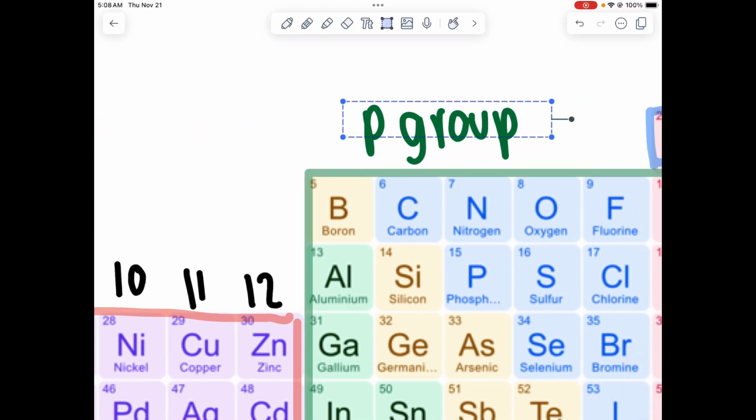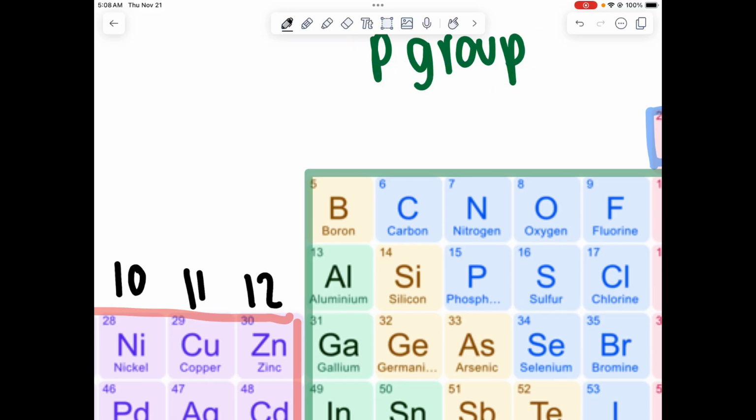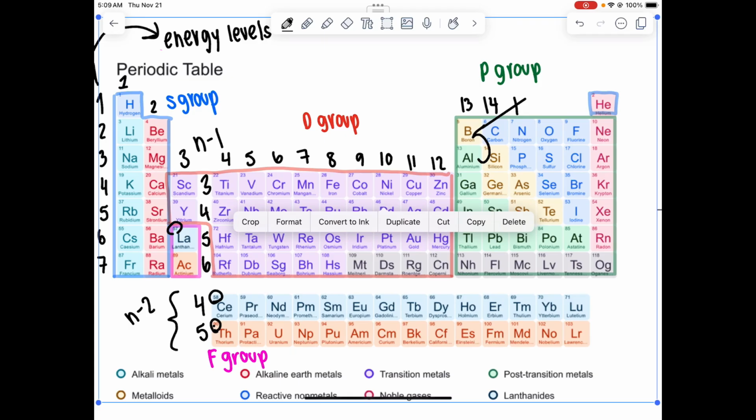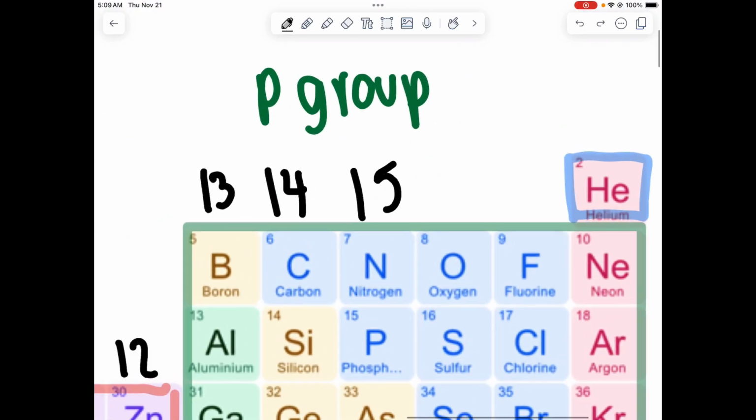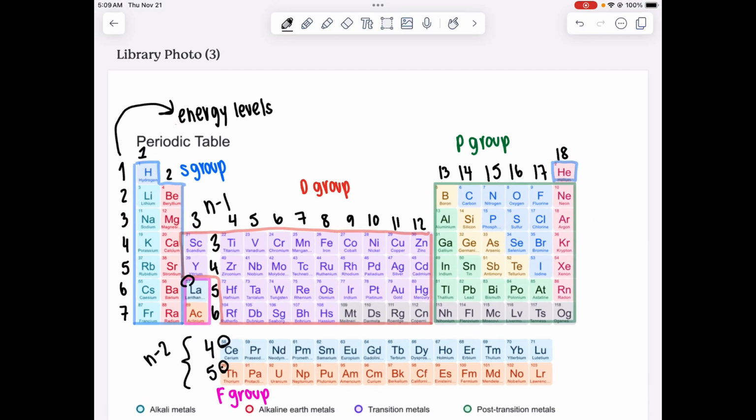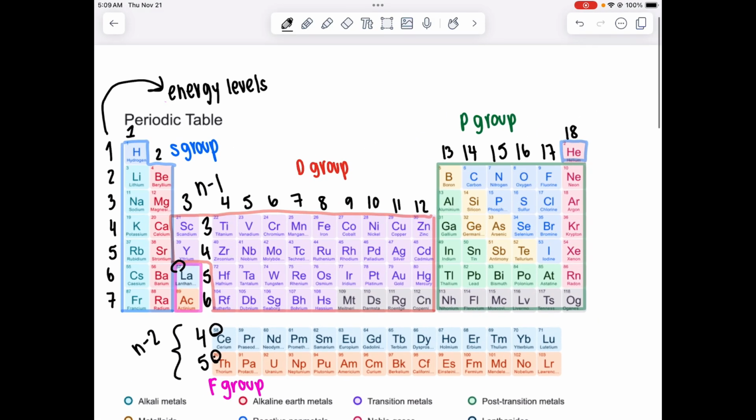Column 13, column 14, 15, 16, 17, and 18. So that's how our columns are organized in the periodic table.